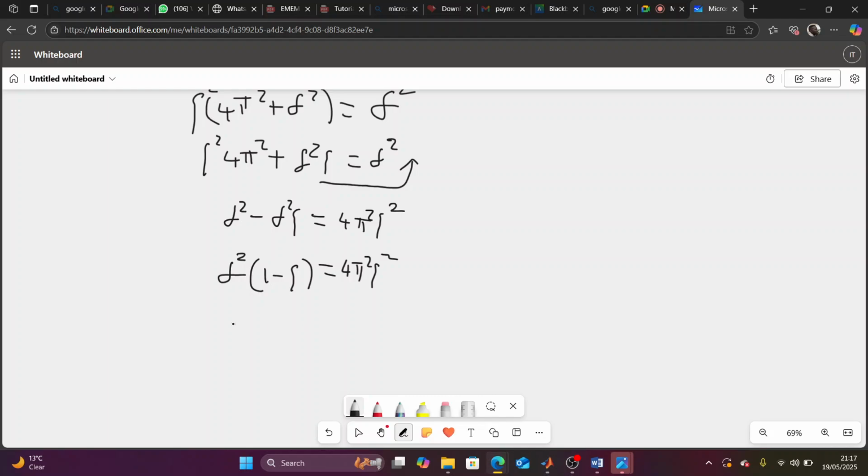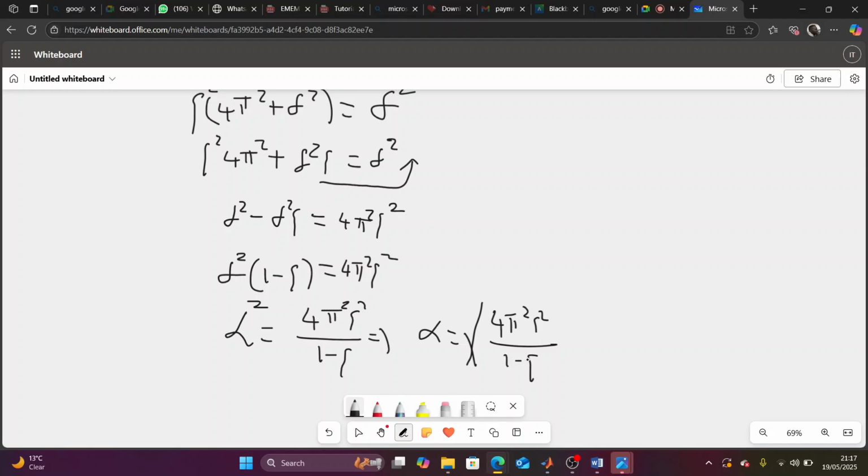You want the logarithm decrement, so it will be logarithm decrement square equals 4 pi square zeta square over 1 minus zeta square. So definitely logarithm decrement will be the root of 4 pi square zeta square over 1 minus zeta square.